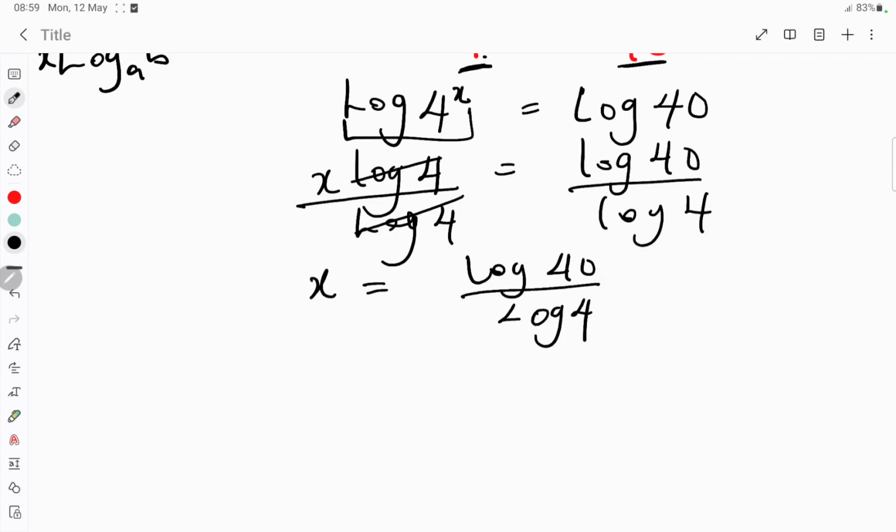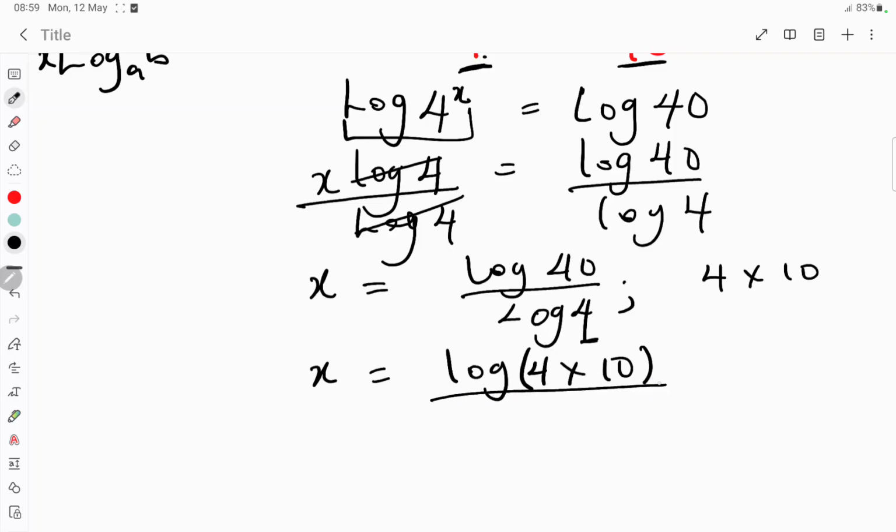But look at this, we have to simplify this very well and properly. You can see that 40 can be written as 4 times 10. The reason behind this is that we are trying to work out this 4. So in that case, we have x is equal to log of 4 times 10, that is 40, divided by log 4.